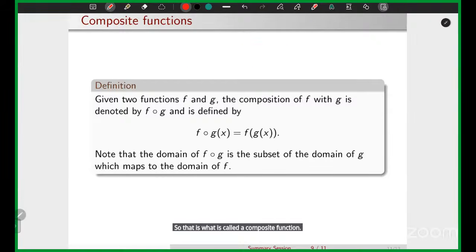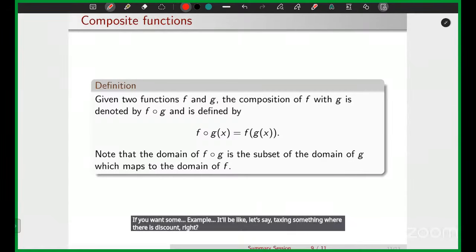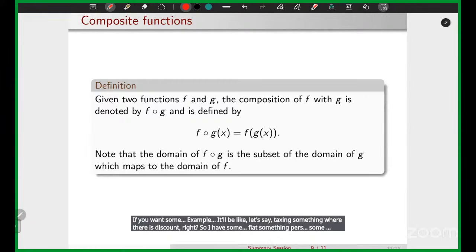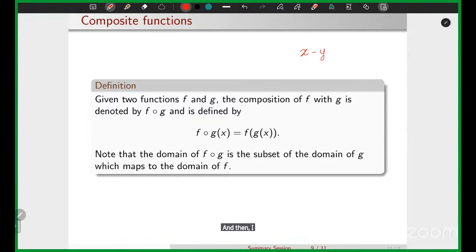If you want an example, it'll be like, let's say, taxing something where there is a discount. Suppose the price of an item is x, and then I have a flat y off, but then there is some tax percentage that I have to apply.